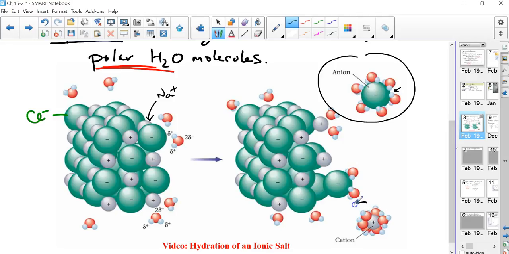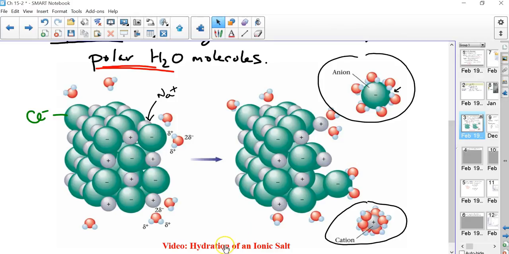And the cation, in this case the sodium cation, is surrounded by the negative polar ends of the water molecules. I can show you something here very quickly. Let's go take a look at a YouTube video with this idea.